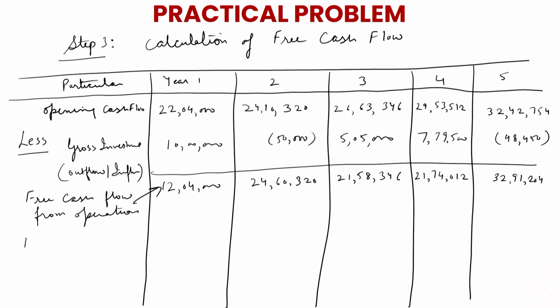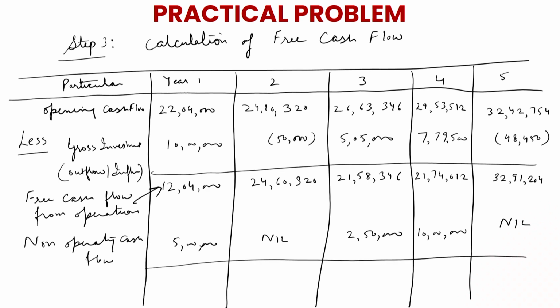Then we take up non-operating cash flows, 5 lakh, which is given in the question. There is no such cash flow in the second year. Then it is 2,50,000 in the third year. Then it is 10 lakh in year 4, and there is no non-operating cash flow in the fifth year.